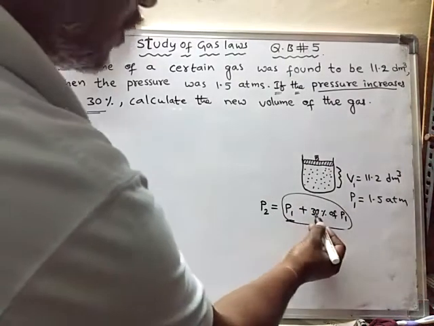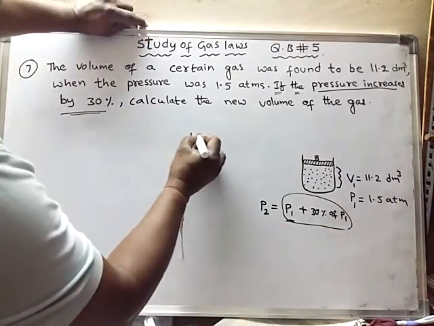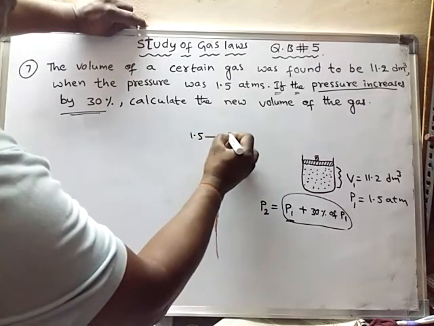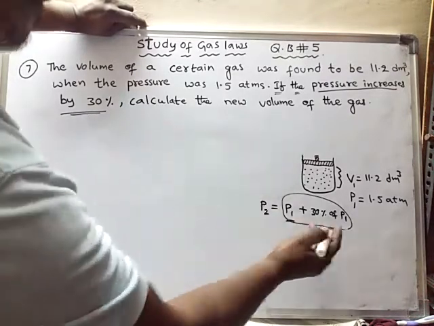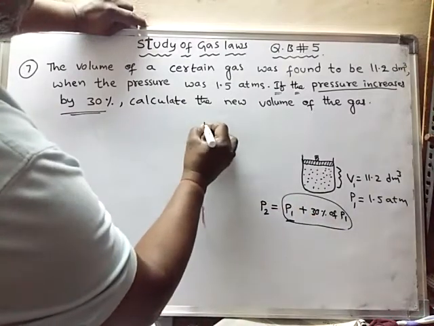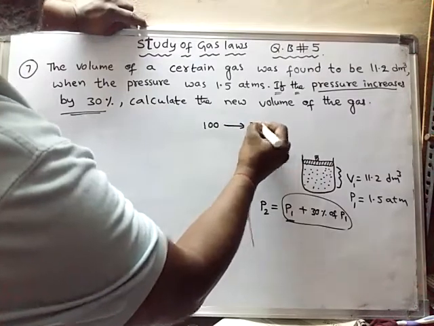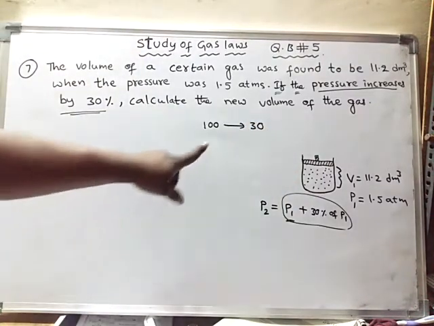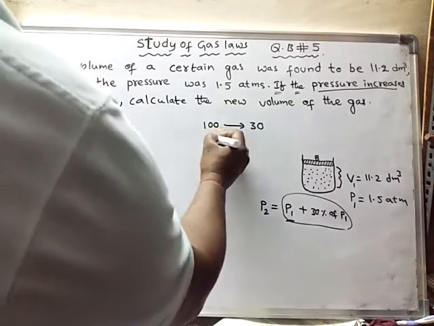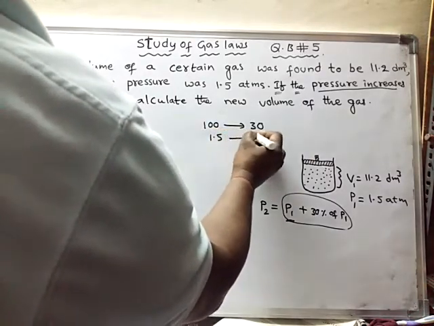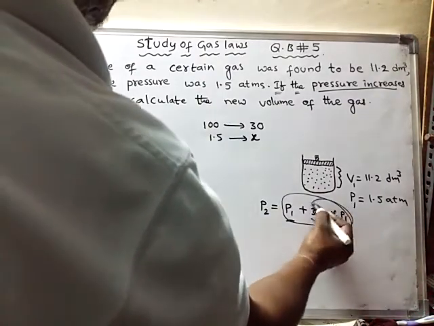What is 30% of P1? What is the meaning of 30%? For 100, there will be an increase of 30. If it is 1.5, there will be an increase of how much? That is nothing but 30% of P1.